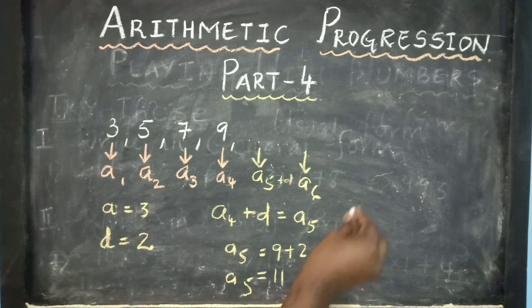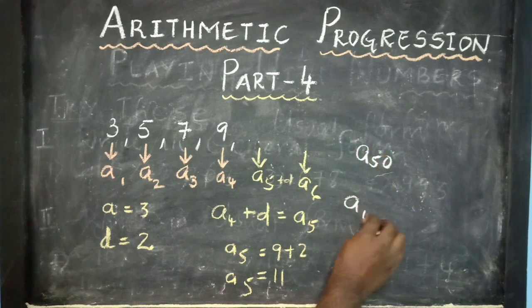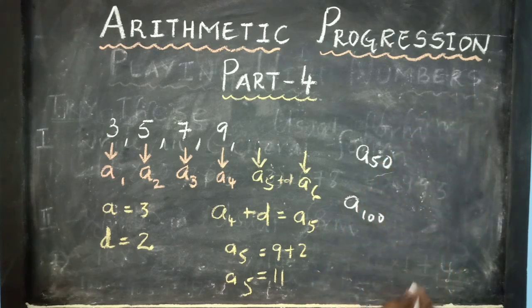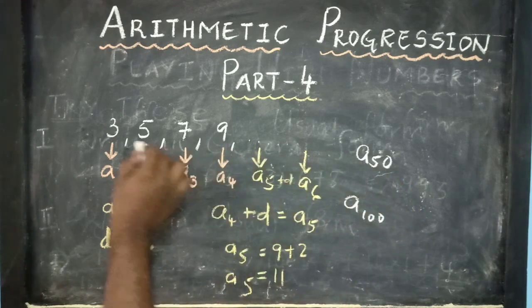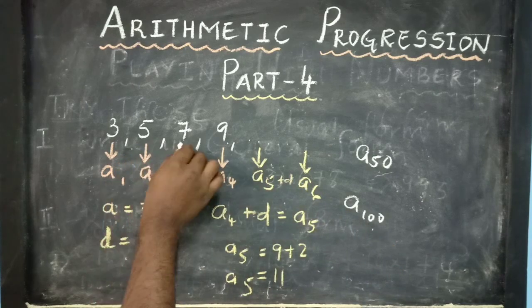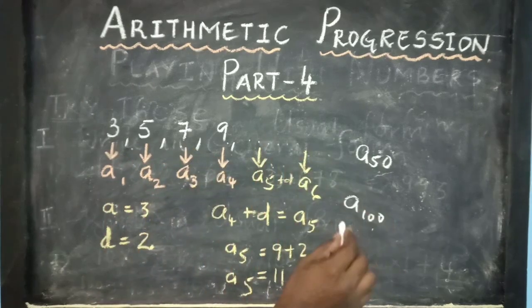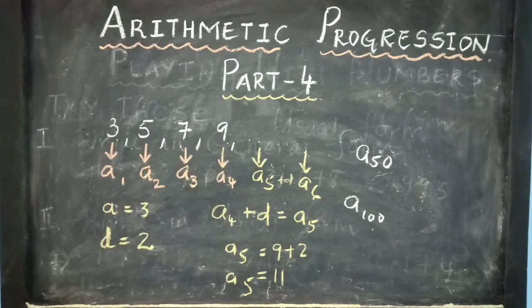Now, what if I ask you to find out A50 or A100 or any term? Yes, it is possible to find out the 50th term of this AP or the 100th term of this AP or any other required term of the given AP. How is it possible?